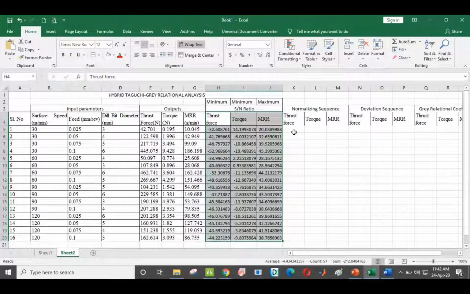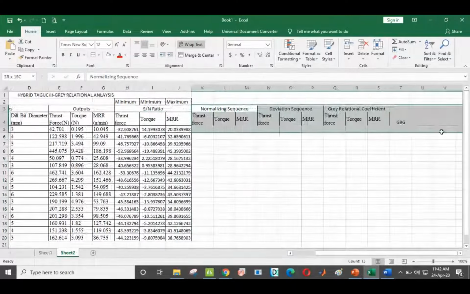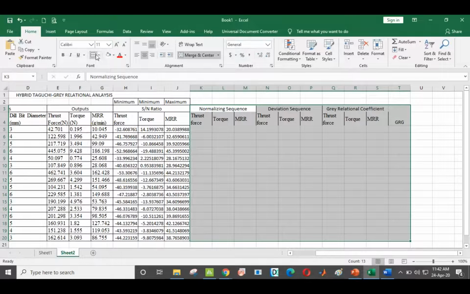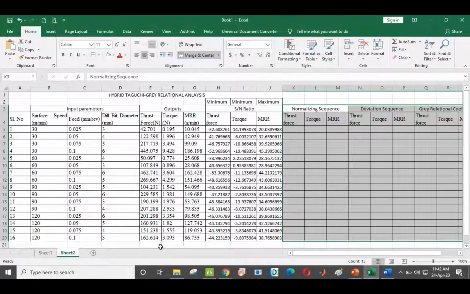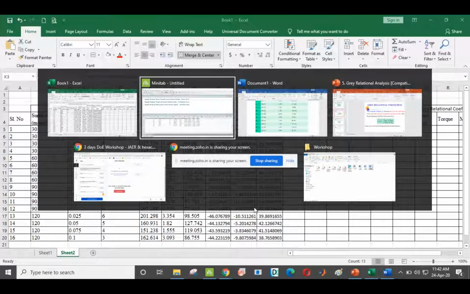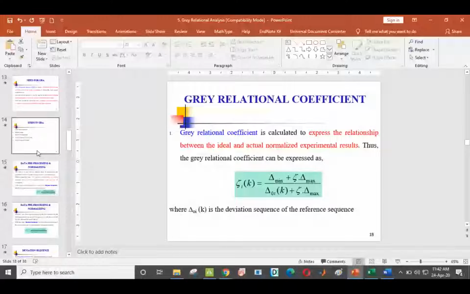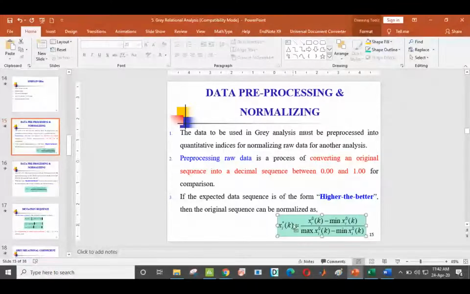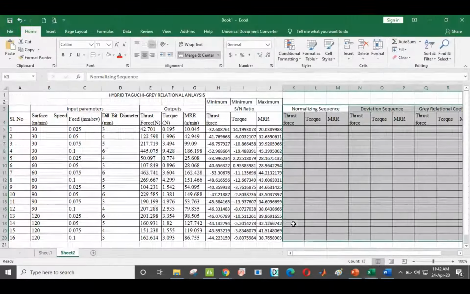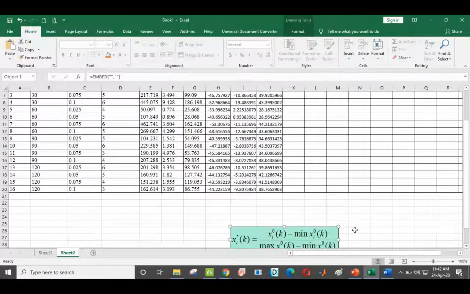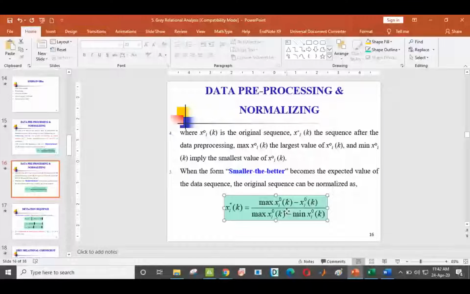Now I am going with the normalizing sequence and all these things here. So what is the formula for normalizing sequence? I have to determine the formulas here. So this is for larger the better, and for lower the better, it should be this.